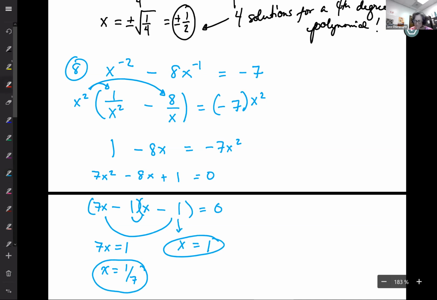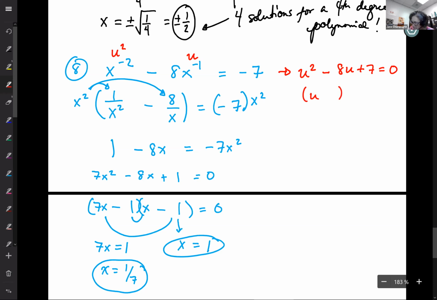Using substitution, you could replace x to the negative 2 with u squared and x to the negative 1 with u to the first. And you would get u squared minus 8u plus 7 equals 0 when you set it equal to 0. That would factor u and u, 7 and 1, both negative.